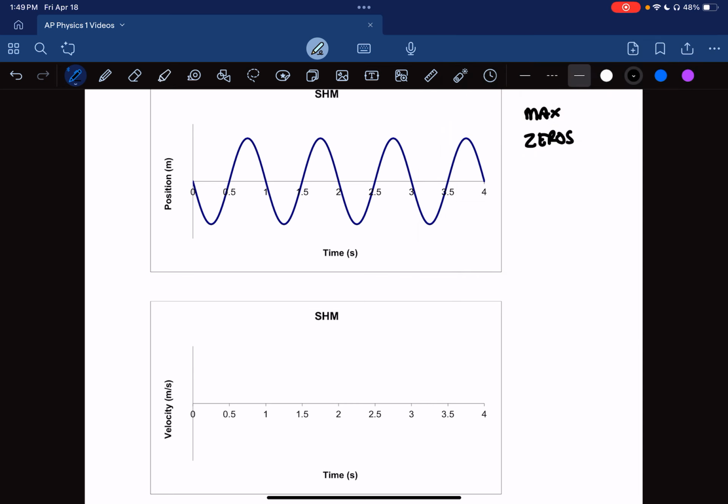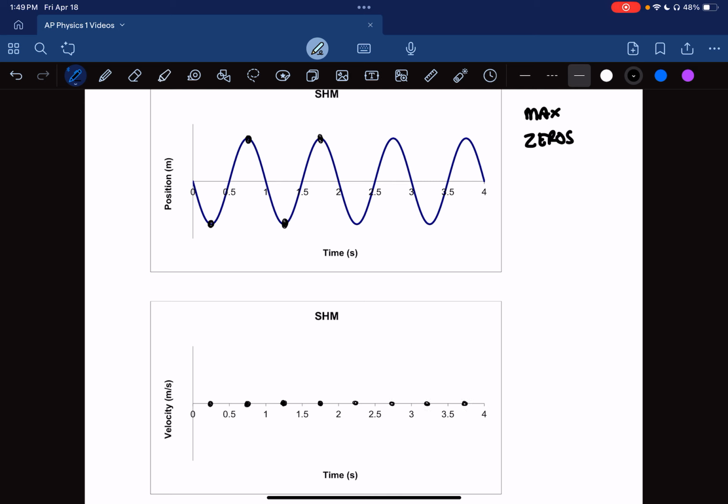And we covered that earlier in this video. Now, when it's passing the equilibrium position, it's actually at a maximum. It's here and here that the velocity is 0. And so when we know where to put the zeros of velocity, it's going to be here, and here, and here, and so on.